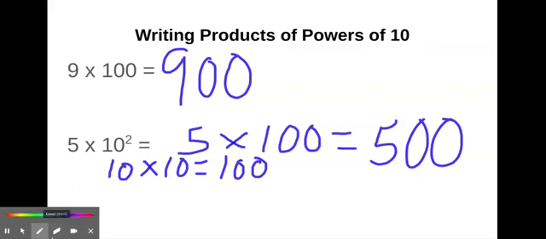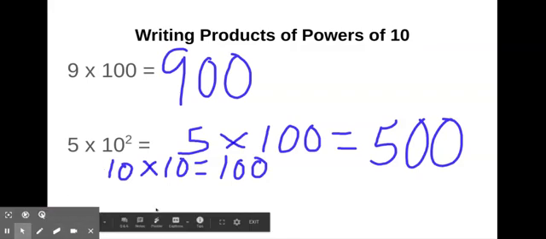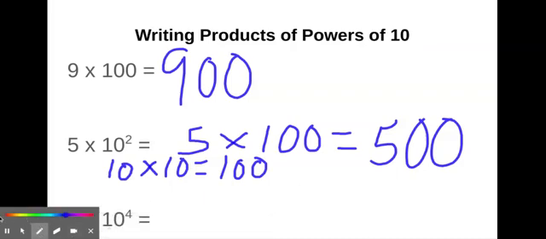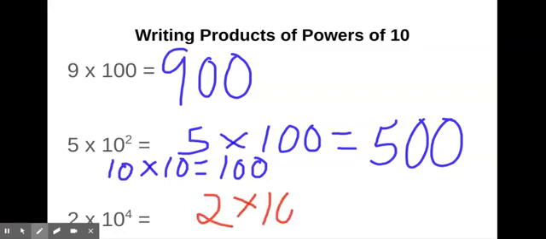You try. Oh no, the problem got covered up. Let's see. Okay, I'm going to write a problem over here for you guys. So you try this problem on your whiteboards. Can you figure it out?